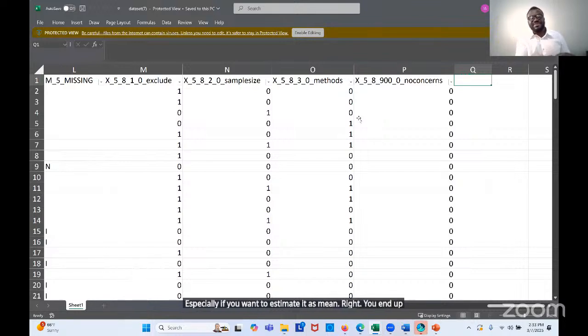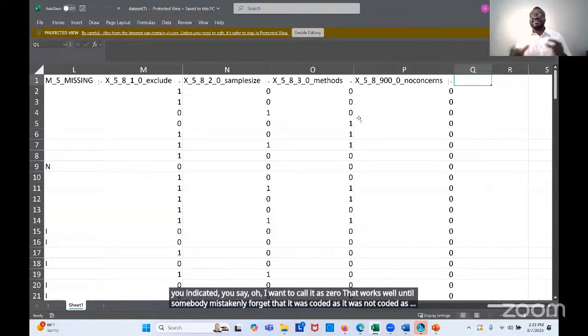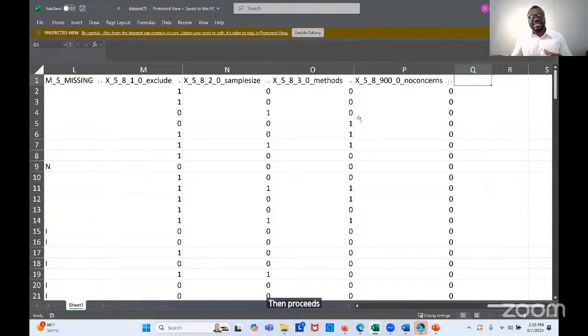The method you indicated, coding it as 0 or 5, works well until somebody mistakenly forgets that it was not coded as a dummy, and then proceeds to estimate means, which gives you completely wrong results, right?